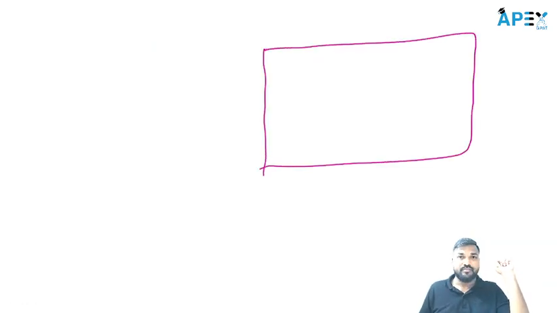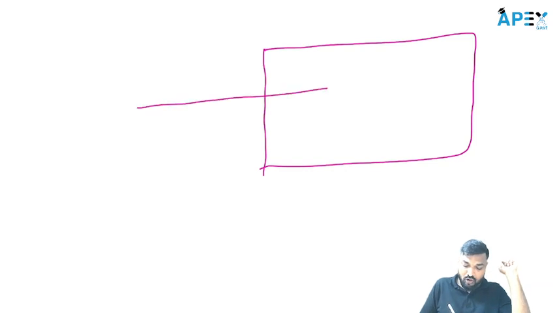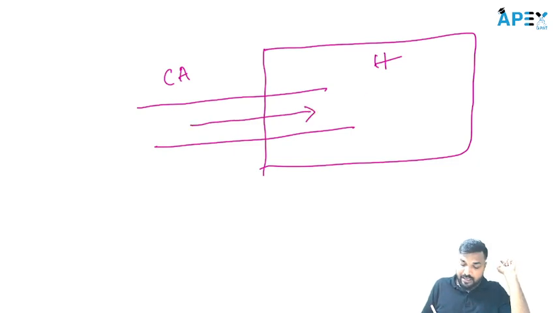Now the problem is what? Let's say this is the heart and this is the coronary artery, and through the coronary artery we are supplying blood to the heart.